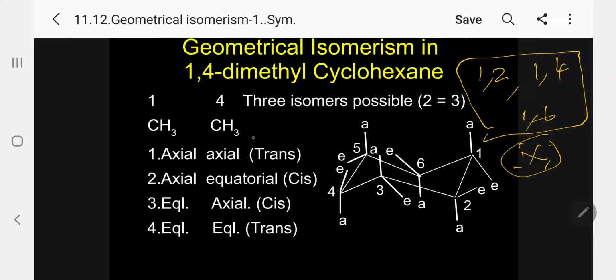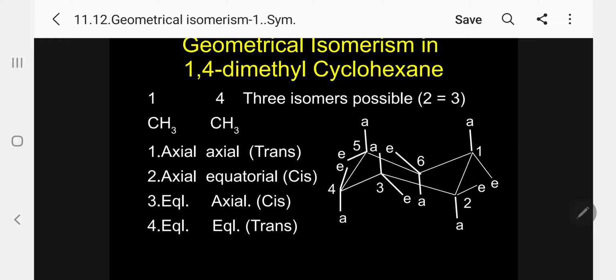Just see here, 1,4, axial trans. What about 1,2 equatorial trans? So 1,4 also the same thing, trans. Then the same way, axial equatorial and equatorial axial cis. So 1,4 and 1,2 are identical. The same thing for 1,6 also.